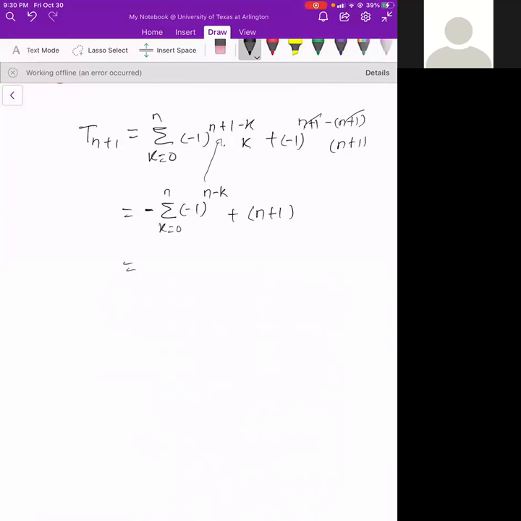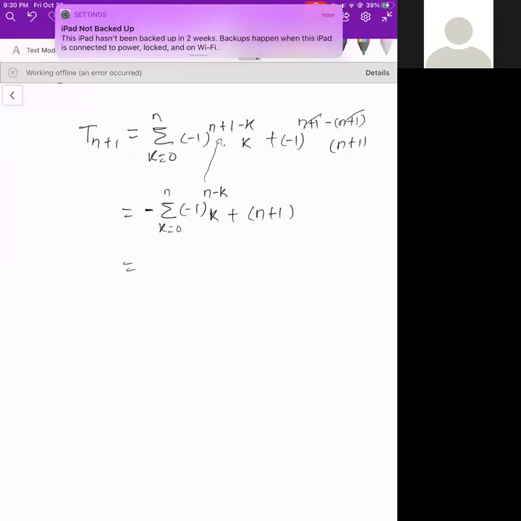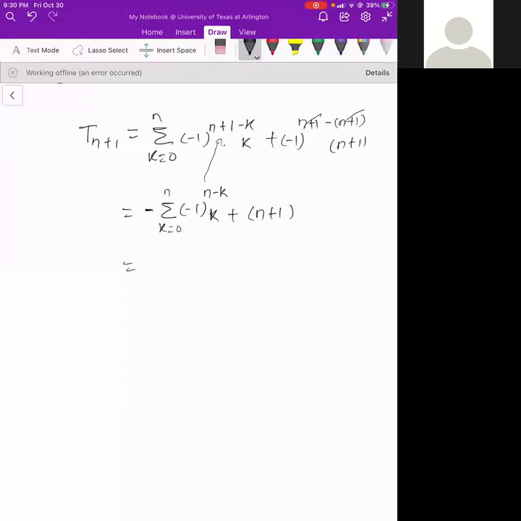Now look at this. This thing is basically this thing over here. Oh, I forgot the k. I'm so sorry. Now this thing over here is basically going to be Tn. So that will give us negative of Tn plus n plus 1. Sorry about my tongue slip, but that is n plus 1.